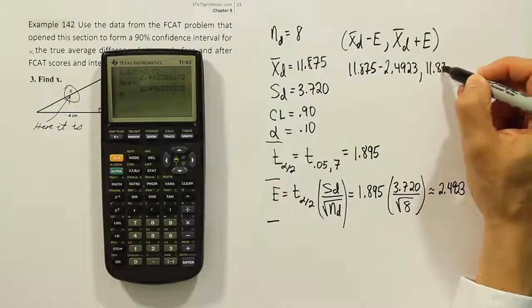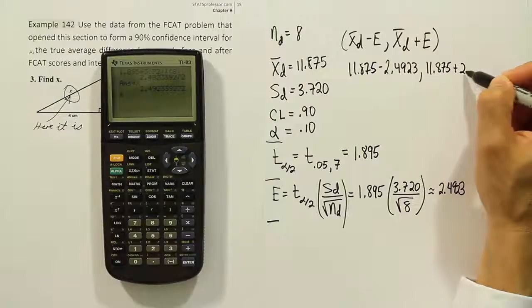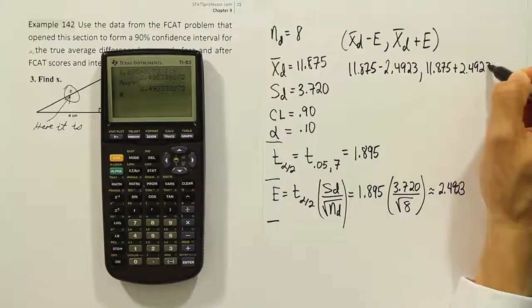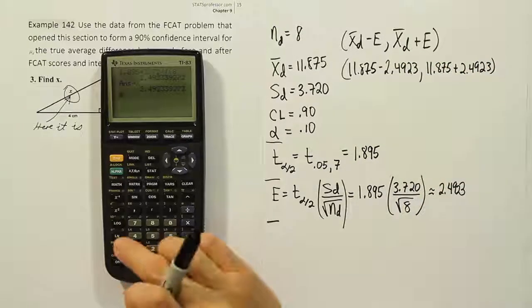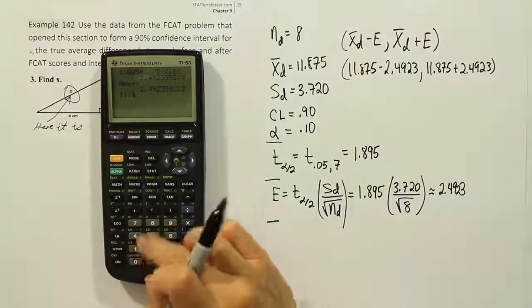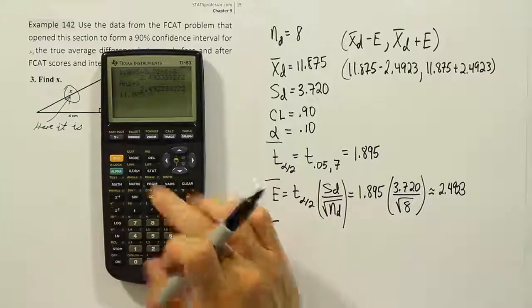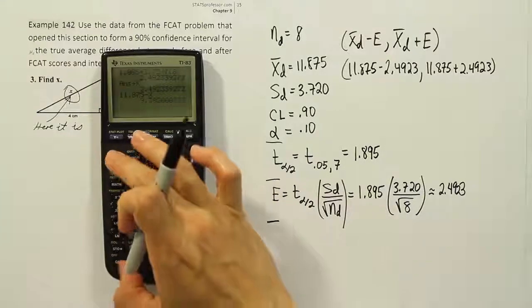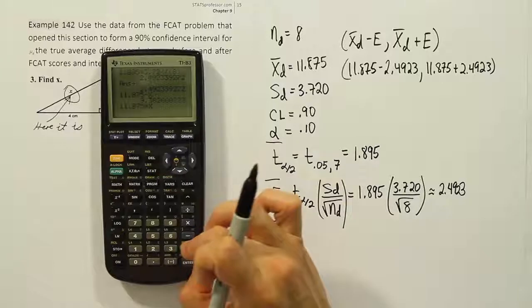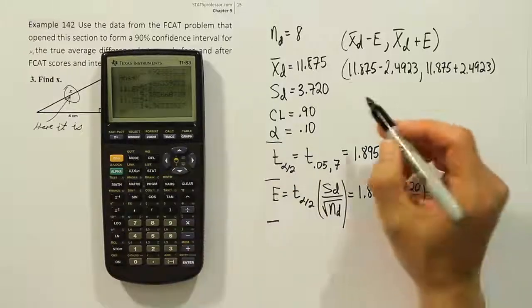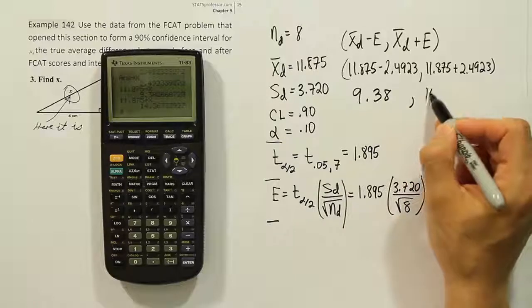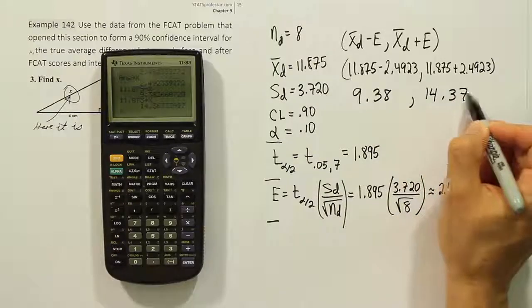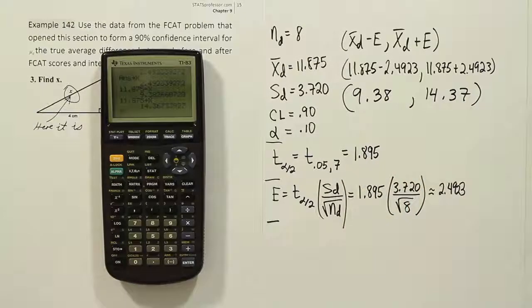So 11.875 plus 2.4923. Okay, now that I have that written out, let's go ahead and work it out. 11.875 minus the error, and then the same thing but plus the error this time, and we end up with 9.38 up until 14.37.